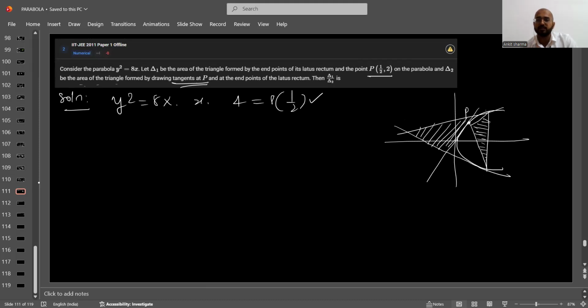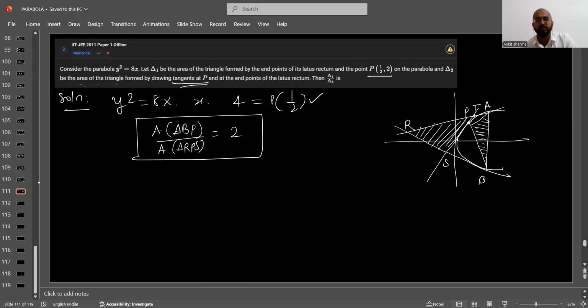So this we have seen. Say this is my point P, A, B, and say this is my point R, S, and this is the intersection, say T. So we know that the area of triangle ABP over the area of triangle RTS is equal to 2.